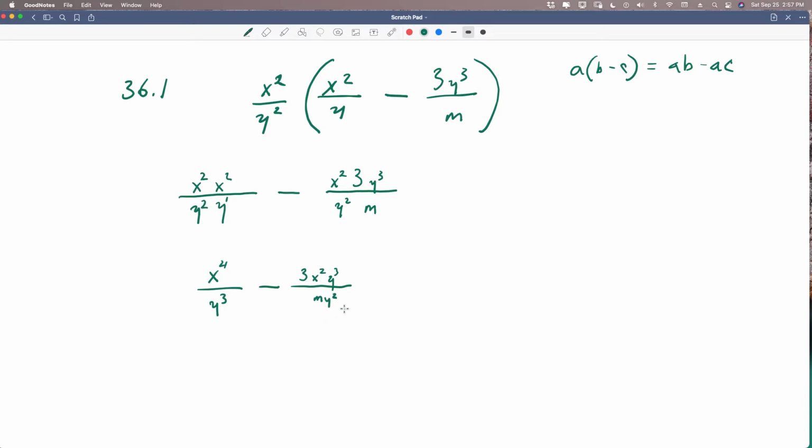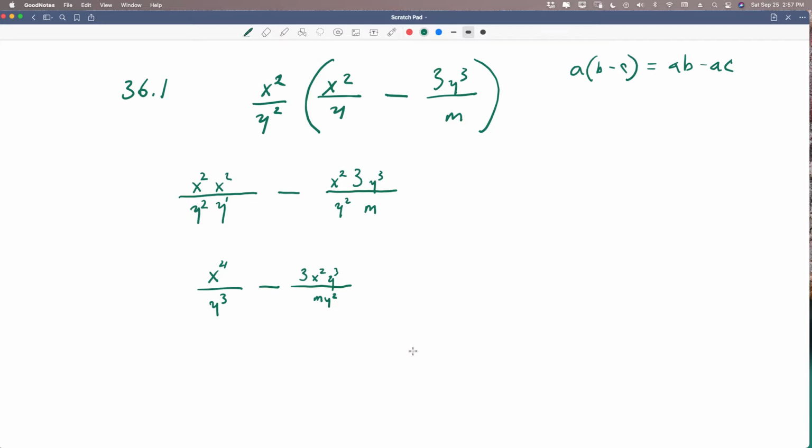So that's our distribution. That's all we have to do. You just apply a, or the first fraction, to b, which is the first fraction inside the parenthesis. Bring down the operation, and then apply a to c, which is the second fraction in, and then you end up with two fractions here.